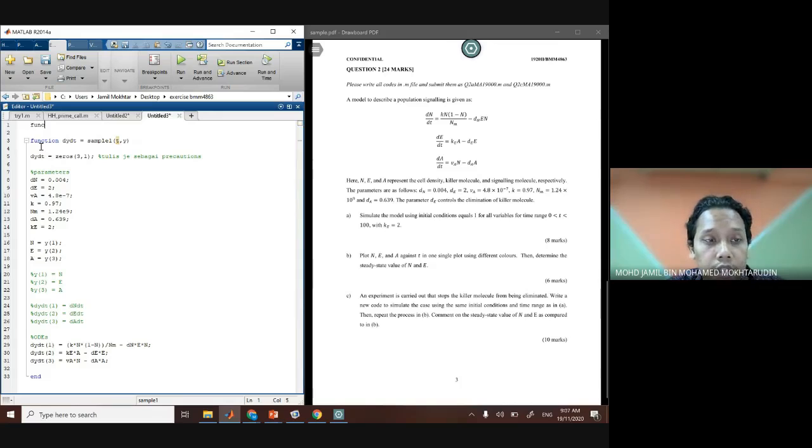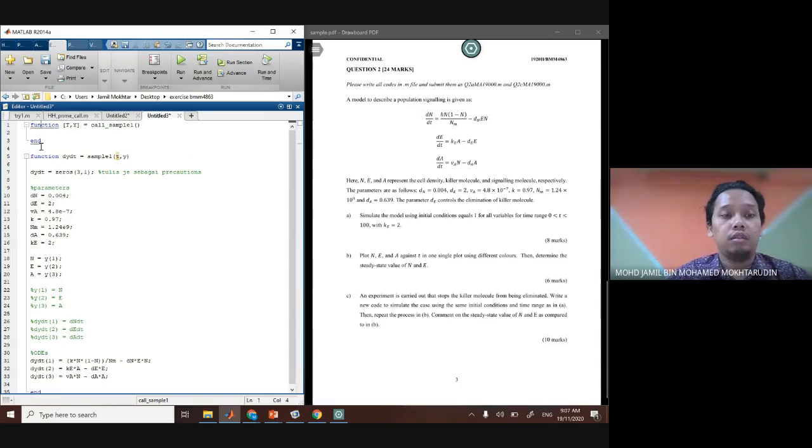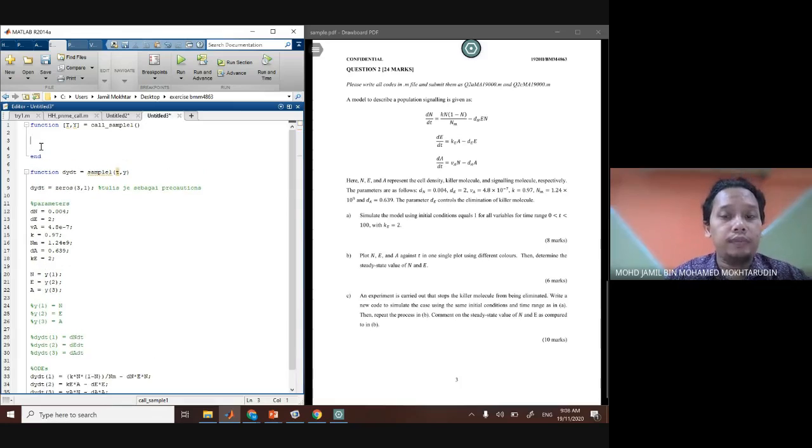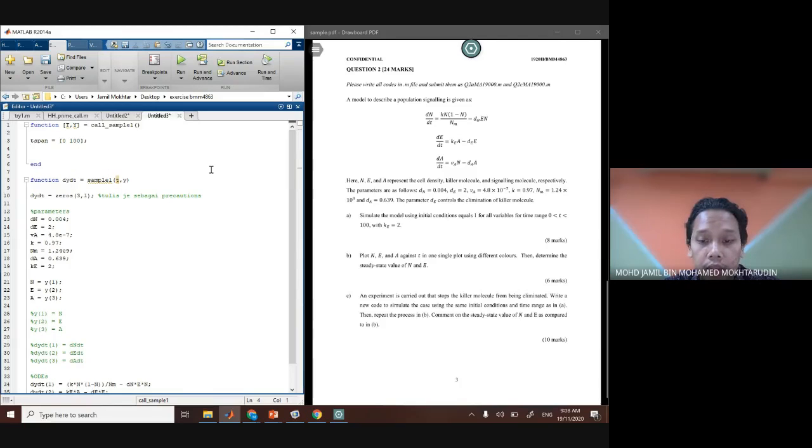Okay, so function ey. So first thing you need to have in this function is your time span. So time span equals starting from 0 until 100. And then initial condition. So it says initial condition all equals 1.